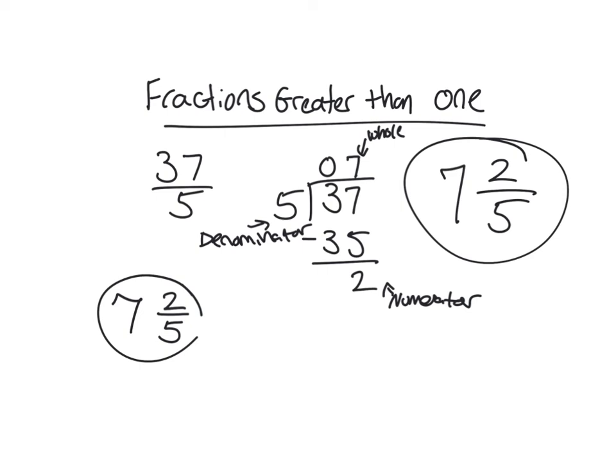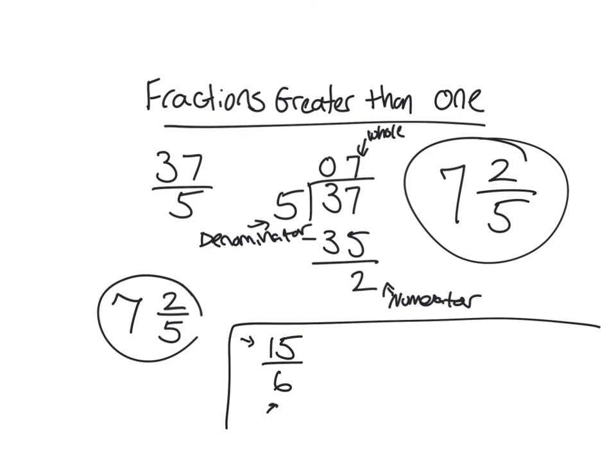Now, how do we know that a fraction is greater than 1? Well, anytime the denominator is less than the numerator. So 15/6, the denominator is less than the numerator. That means that we have more than the denominator.